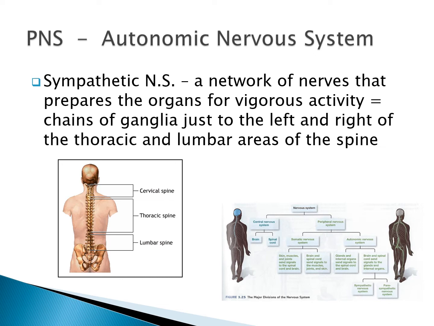If you remember, the ganglia are just those neuron cell bodies that are outside of the central nervous system. We have these chains of them close to each other, so they can act in sympathy, which is what the sympathetic nervous system is named for. It's this vigorous activity, and we want all of this to happen at one time.